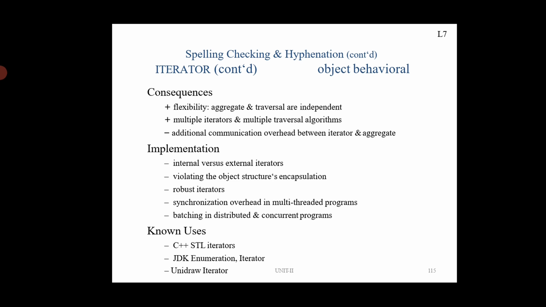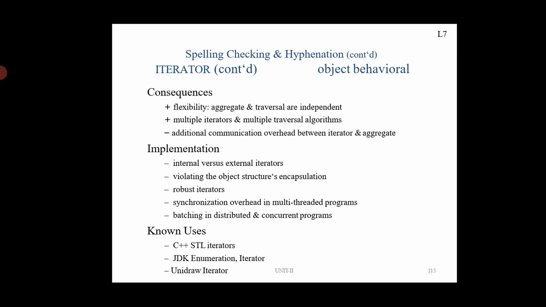Iterator, the main intent here is accessing the elements in a container without exposing its representation. In a container, the actual representation, here we are violating the object structure encapsulation. In the sense, what we are studying here, the iterator pattern has three important consequences.